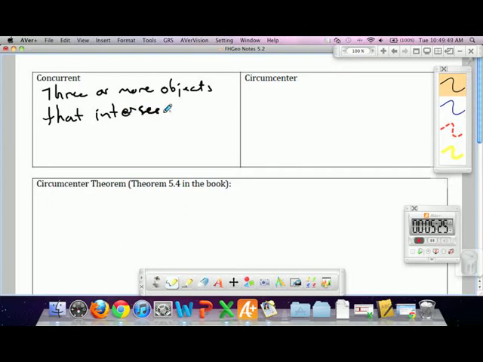So, we said two things that happen at the same time are concurrent events. Concurrent things in geometry are objects that intersect at the same point. The point where they intersect is called the point of concurrency.